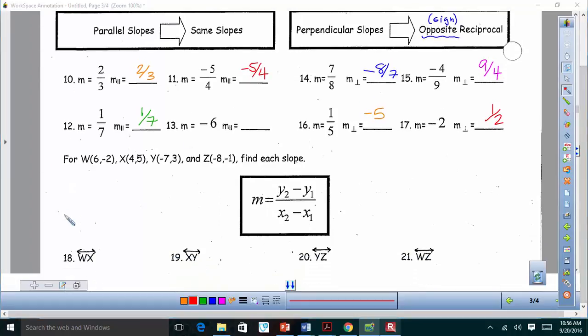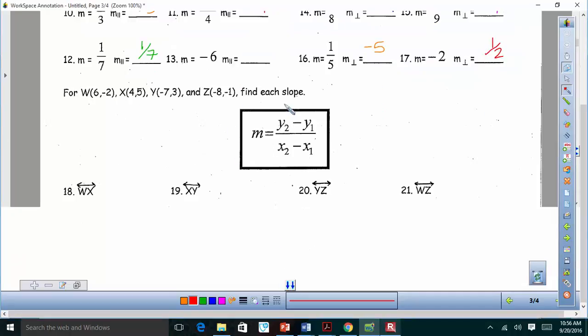Okay, so for 18, 19, 20, and 21, they want us to find each of the slopes. Okay, so I'm going to use my highlighter to keep these straight. The first one we're looking at is W and X. So W and X are these two. So what should I do to these points before I start? Label them. Okay, then we'll find the slopes. So we're going to do X1 and Y1 because that one comes first. Then we label this one X2 and Y2 because it came second.